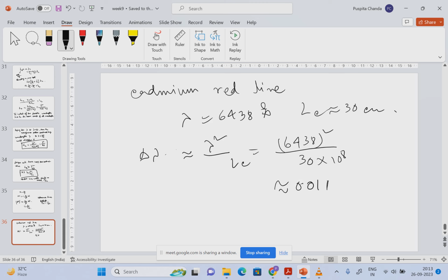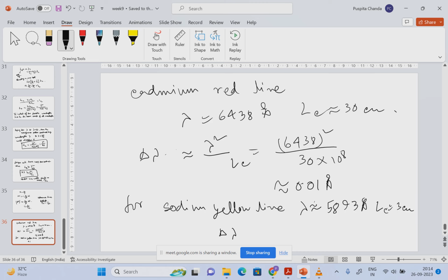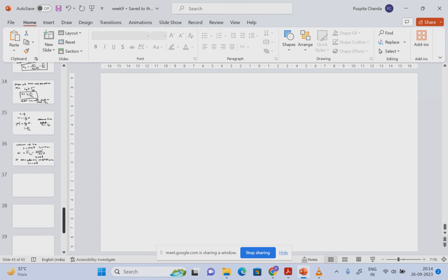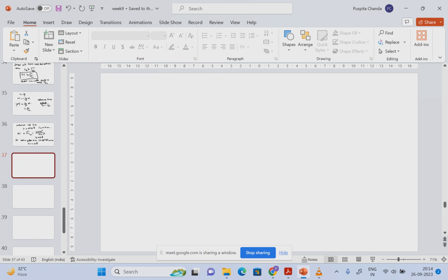So this is about 0.01 angstrom. For the sodium yellow line, lambda is about 5893 angstrom and LC is about 3 centimeter. So delta lambda is about 0.1 angstrom. And vice versa, for 0.1 angstrom we get a coherence length like this.